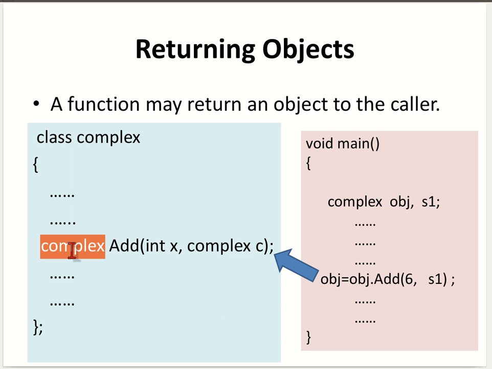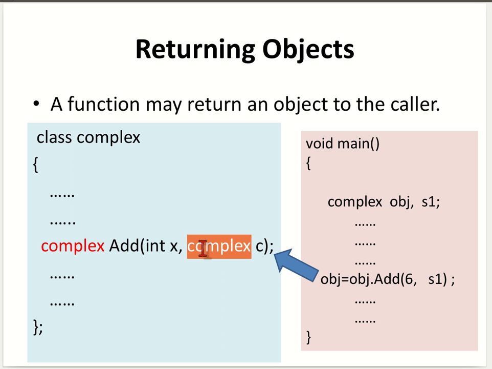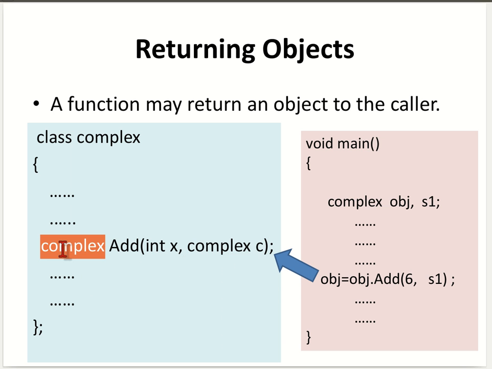So here we are using complex c as an argument, and after execution it is returning one complex object. Like this we can do. Let's say obj.add(6, s1), and what will happen here? It will return an object of type complex, and it will be assigned to obj.